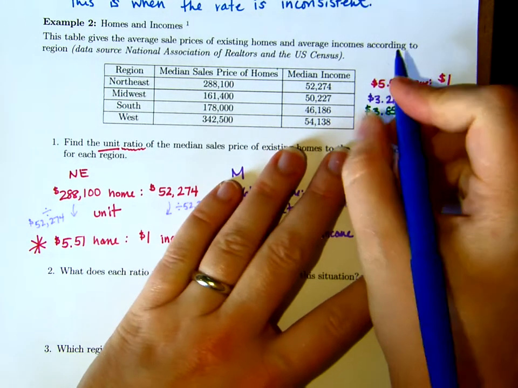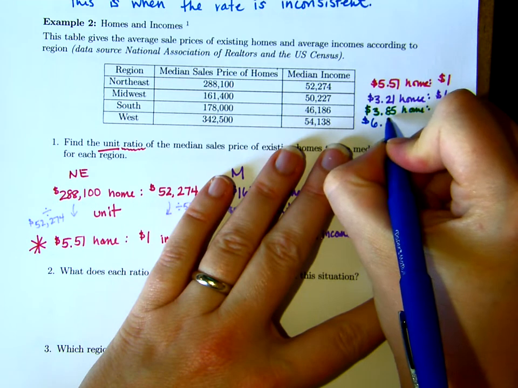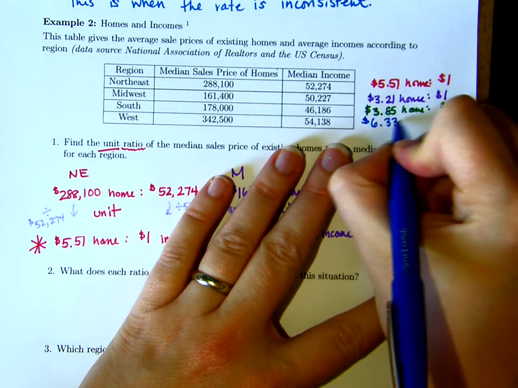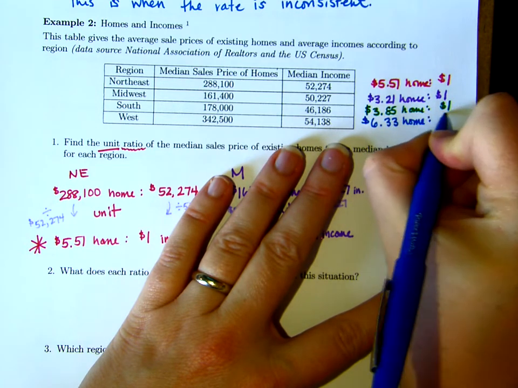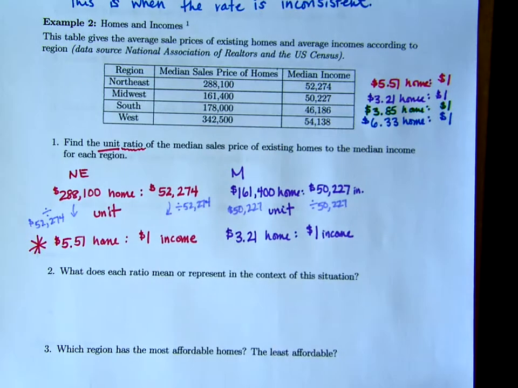Ooh, that's expensive. $6.33 you spend on your home for every $1 of income. I don't know, what do you got? Like the Valley, it's pretty expensive to live in California.